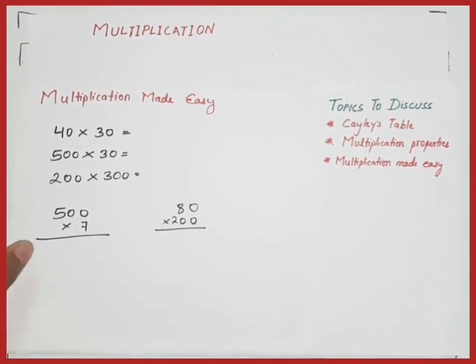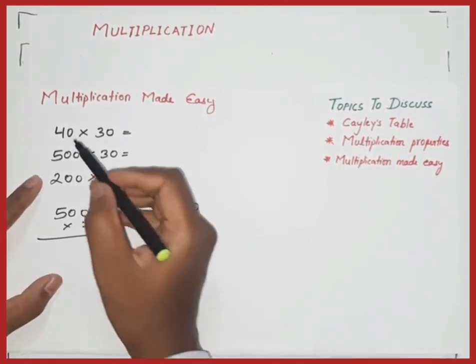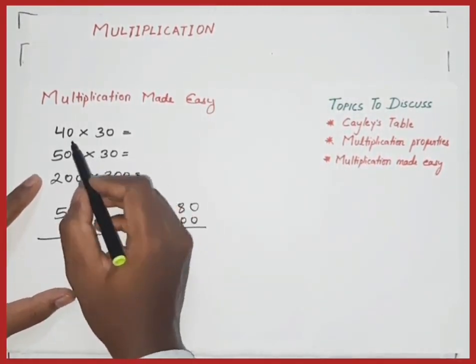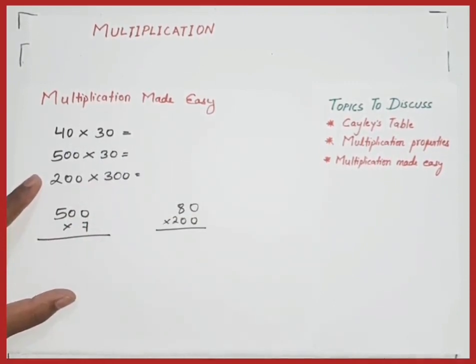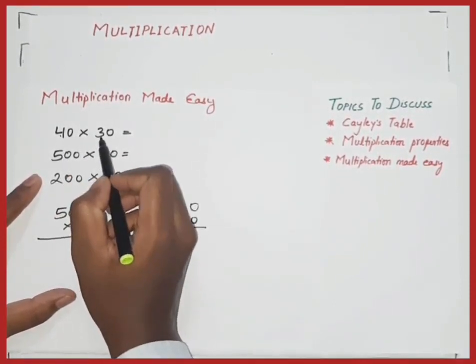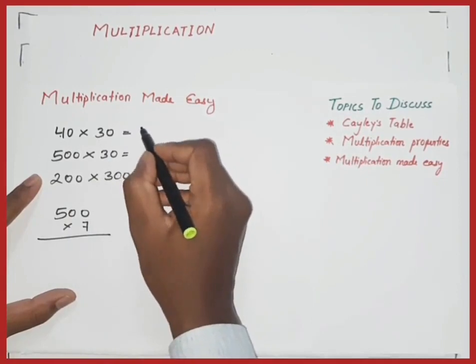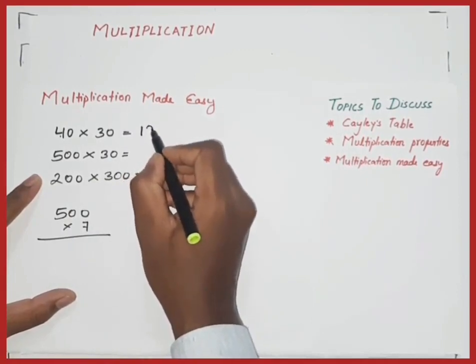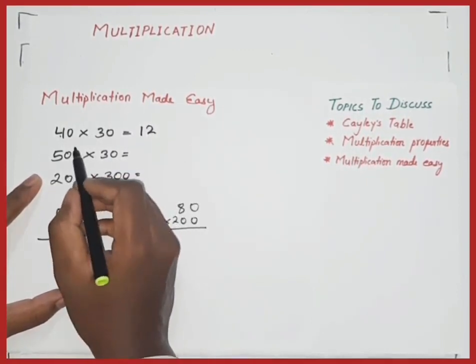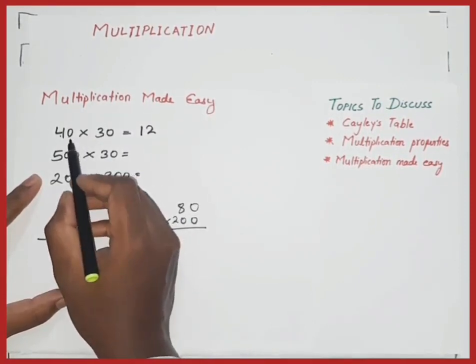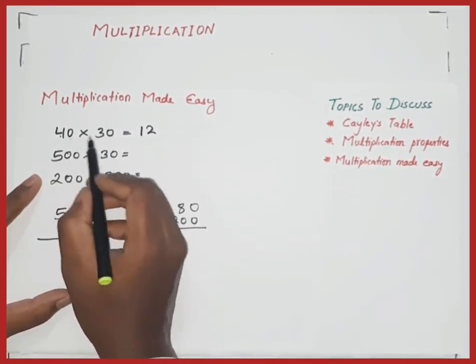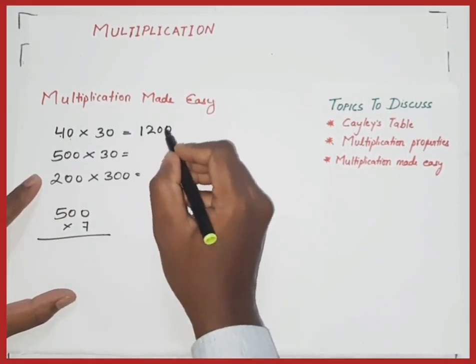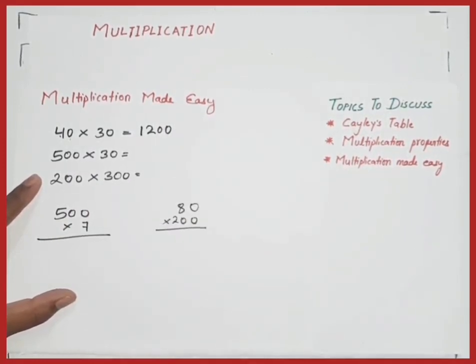If you see here 40 into 30, 4 and 3 are the numbers and the rest are 0. So how will you multiply? Just multiply 4 into 3. What will come? 4 into 3 is 12. And just place the number of zeros. How many zeros are there in total? 1, 2. 2 zeros. I'll place here 2 zeros. So 40 into 30 is 1200.